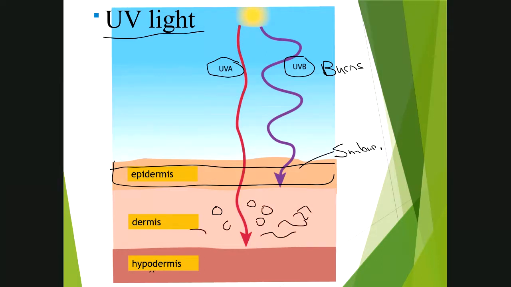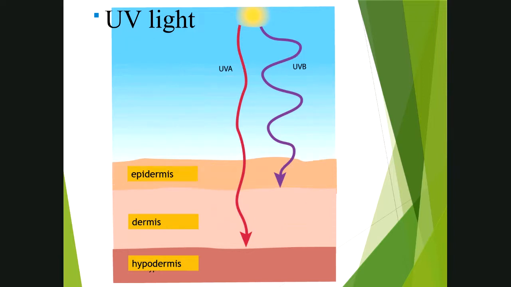UVA, you can think of A as standing for aging, even though it really doesn't. But anyway, it causes damage to tissues. And remember, these tissue damages, the burns and the aging, are cumulative. As you get more and more of these burns and more of this aging, you get cumulative damage to cells. And eventually what might happen is the cells change and become cancerous.